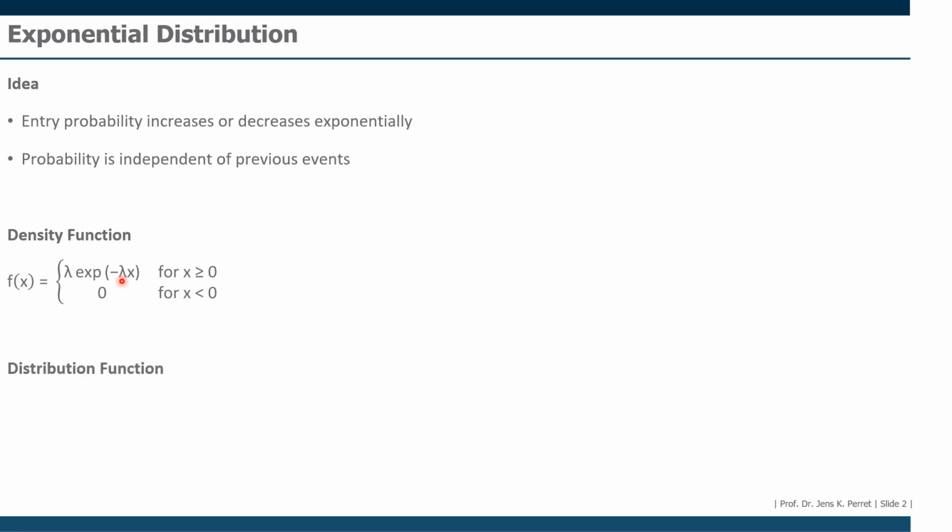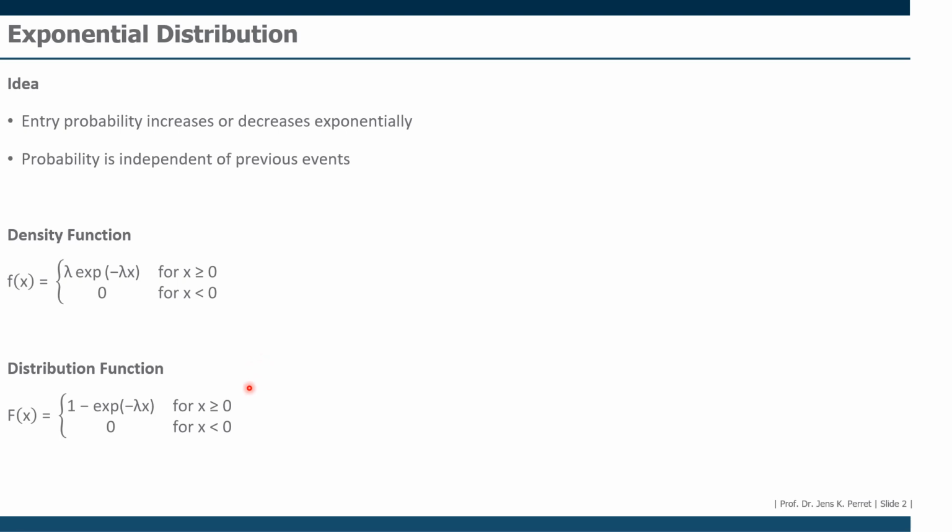If we have this density function, it's relatively straightforward to calculate the respective distribution function, which then looks as follows. So we have the density and the distribution function in closed form, so we can easily calculate probabilities for the exponential distribution. We do not need, as for example with the normal distribution, a particular table to look up the values for the distribution function.